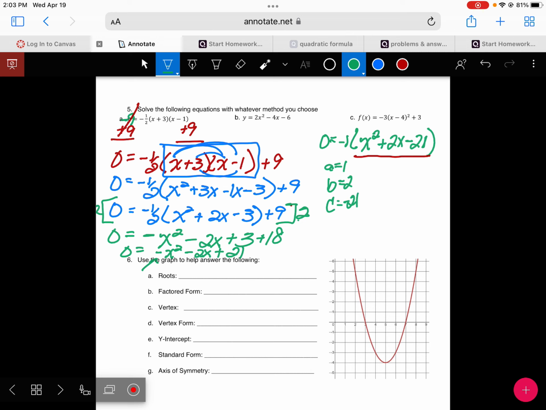So we would say opposite of B, which is negative 2, plus or minus square root. B is 2 squared minus 4 times A, which is 1, times C, which is negative 21, all divided by 2 times A, which is 1.